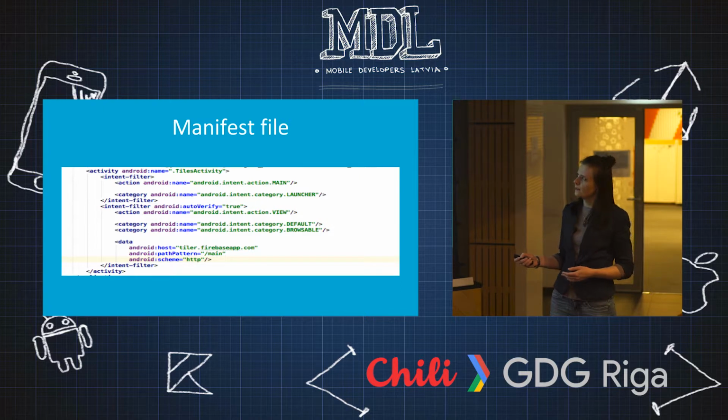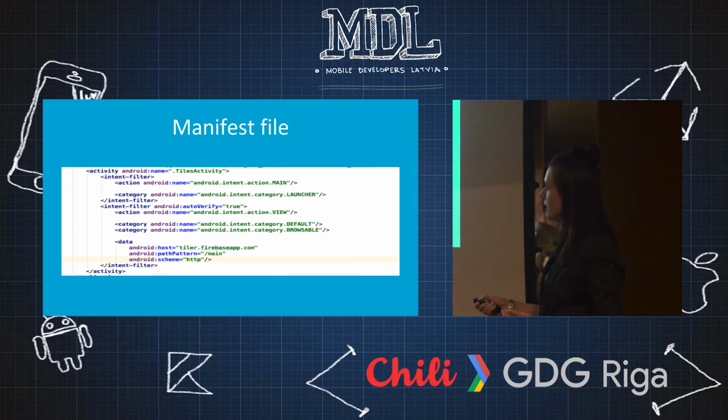Then it gets generated. What gets generated is in a manifest file, just like when you use regular deep linking. It adds this data block with the host that you use, the pattern, and the scheme. Has anyone used deep linking before? You have?